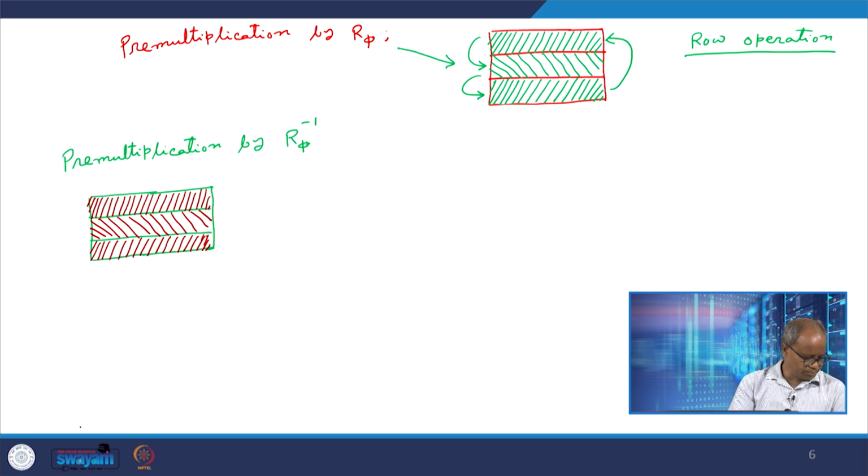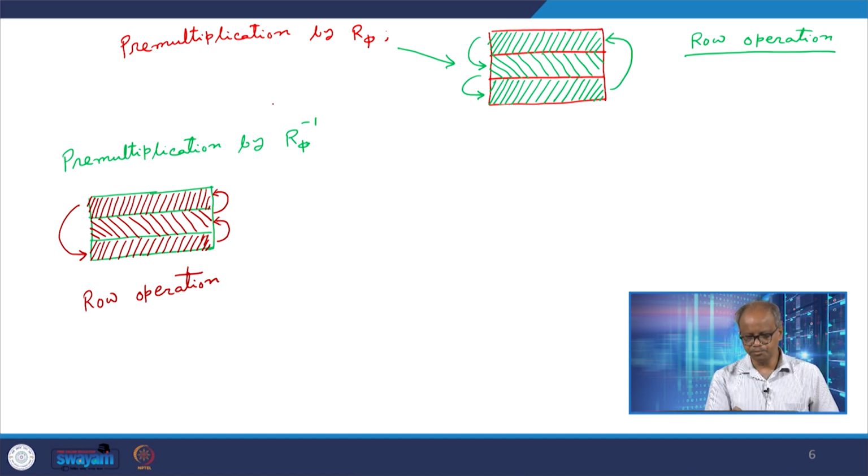So what happens in pre multiplication by R phi inverse? The first row goes to the third position, and then the third row goes to the second position, and the second row goes to the first position. So this is also a row operation, right. As you can see, pre multiplication by R phi and by R phi inverse are both row operations, but the effect is just the reverse, right.